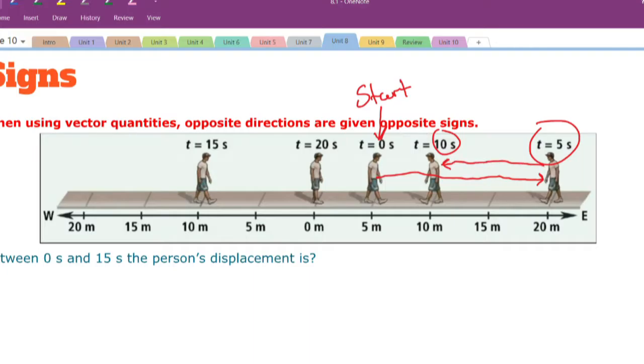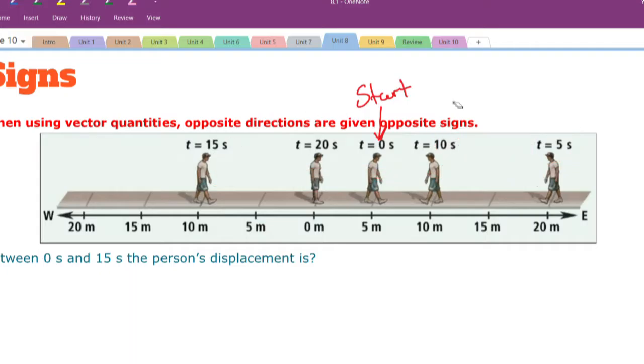And then another 5 seconds pass, and the person has walked to there at 20 seconds. Oh, sorry. I skipped 15. So 10. And then all the way over to here, and then the person walked back there for their 20-second mark. So that's kind of what's going on here.